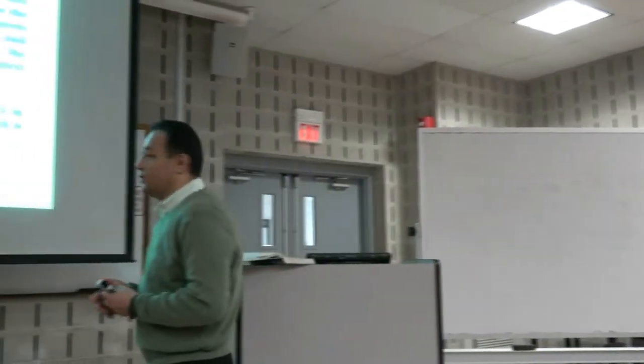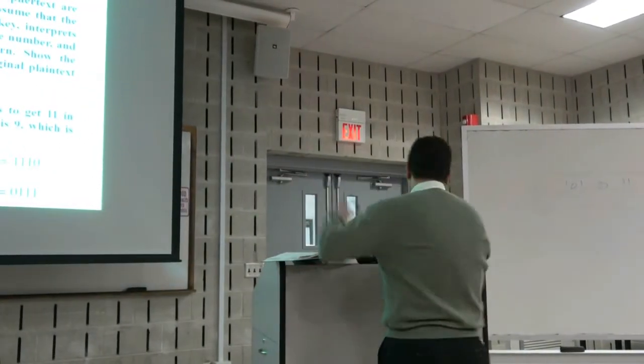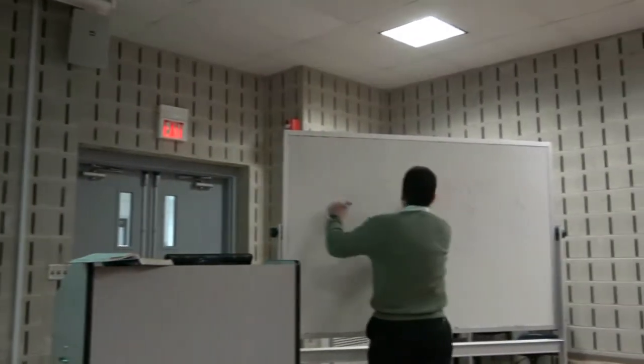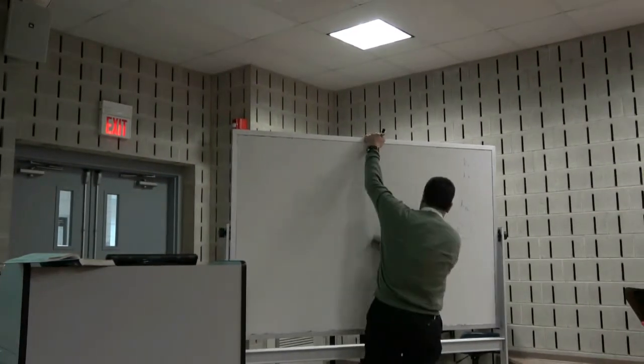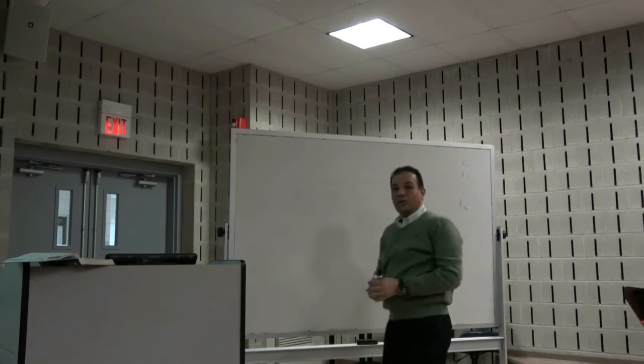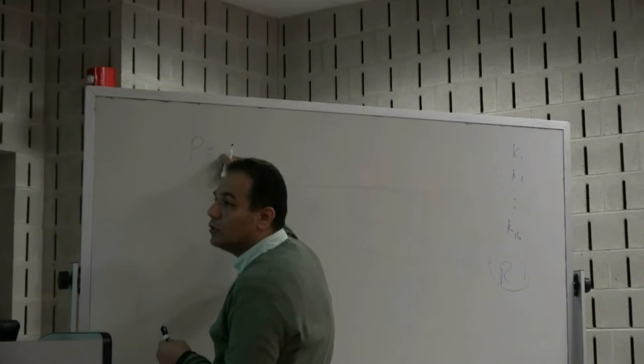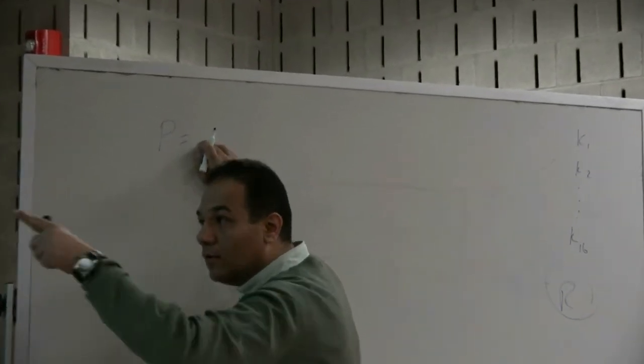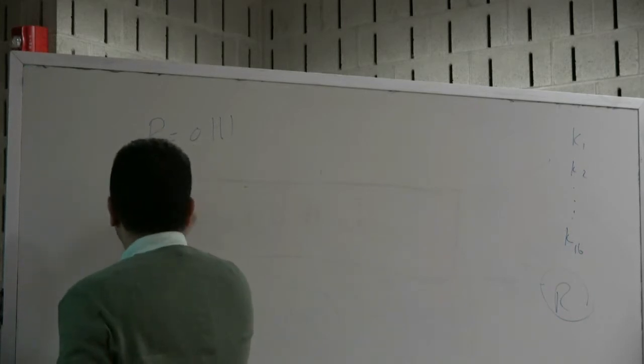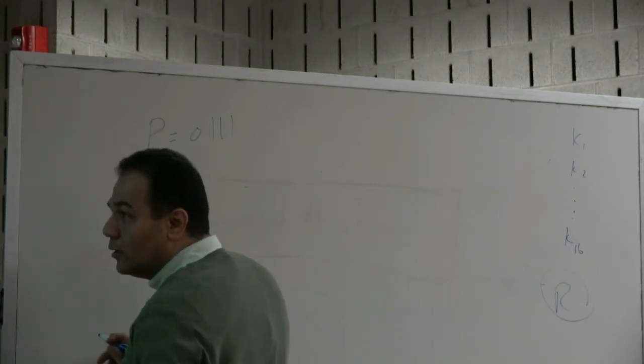So the rule says that, okay, forget about this, look in here. The rule says the plain text is how much? 0111. The key is how much? 101.